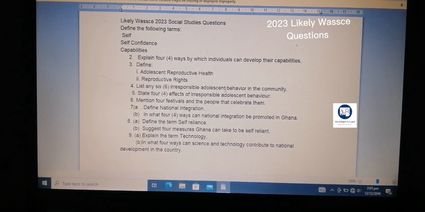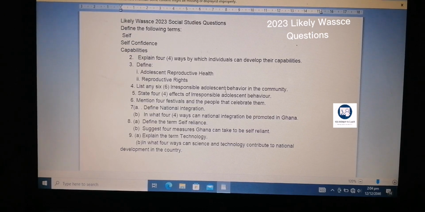For effect 1, we can talk about loss of dignity. When people engage in acts such as smoking, drug abuse, and the like, they lose the respect that they've acquired from the people, and that is one negative effect of irresponsible adolescent behavior.